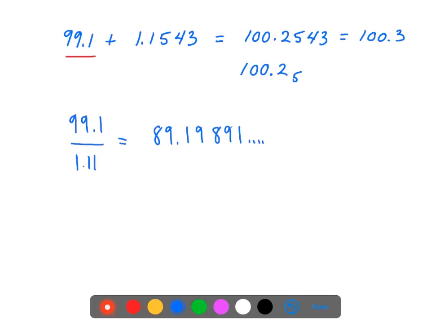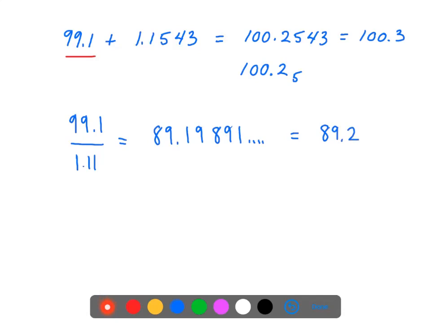Okay, this would be what you would see from a calculator. Now, based on the number of significant figures in the numerator, 3, denominator, also 3. So 3 will be found in our final calculated result. And so the final answer would be 89.2, expressing the 3 sig figs.